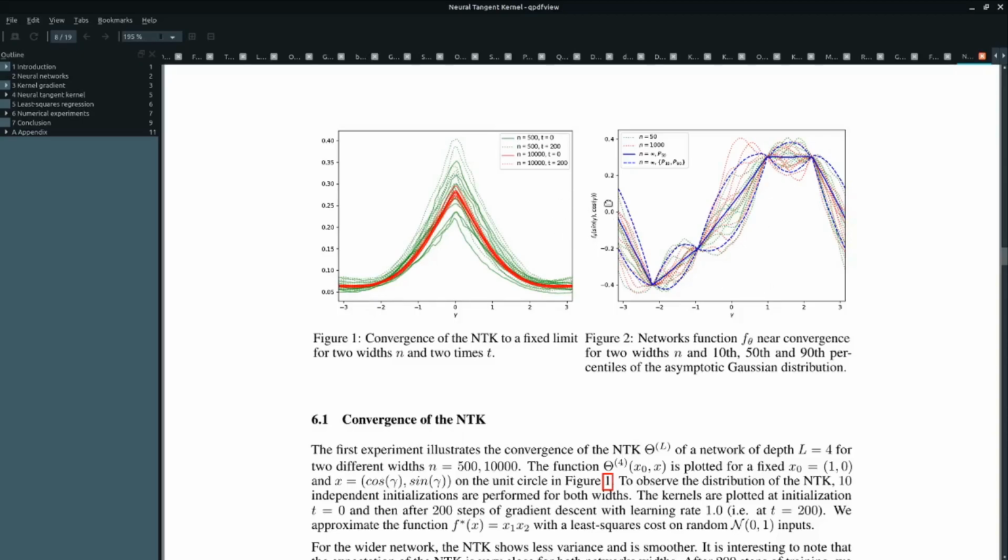I think in this case it's basically linear interpolation between the data points and then some Gaussian process in between.